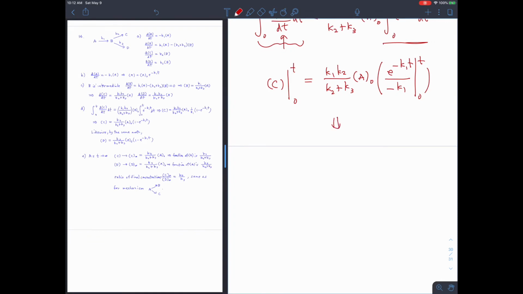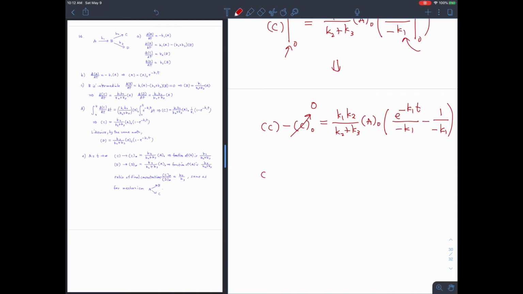And so, evaluating on both sides again, we get C at time t minus C at time 0, which is just C0, but that's 0. There is no C at time 0 to start with. And that is equal to K1 K2 over K2 plus K3 times A0. Now evaluate this at time t, so that's e to the minus K1t over minus K1, and then evaluated at time 0, so that's minus 1 over minus K1.